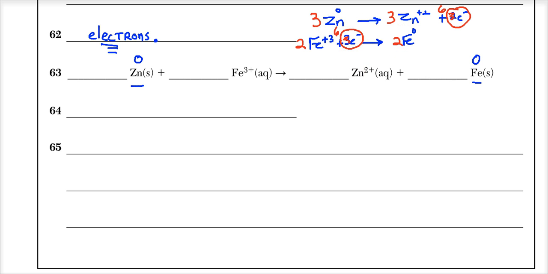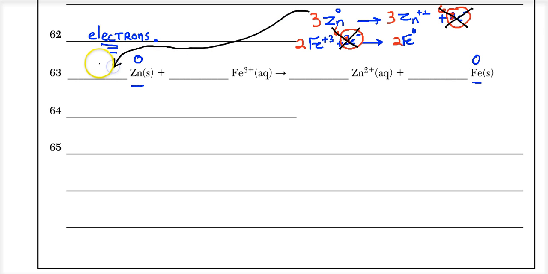And now you can see that I have 6 electrons on this side, and I have 6 electrons on the other. We just balanced our charge. The same number of electrons are being used in reduction as are being given off in oxidation. We can cancel them off because they're on both sides of the arrow. I have just balanced my charge, so now I have automatically balanced my reaction.